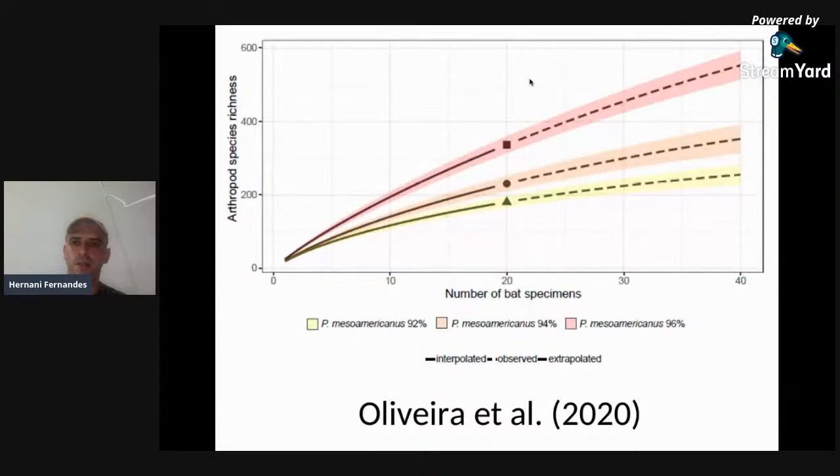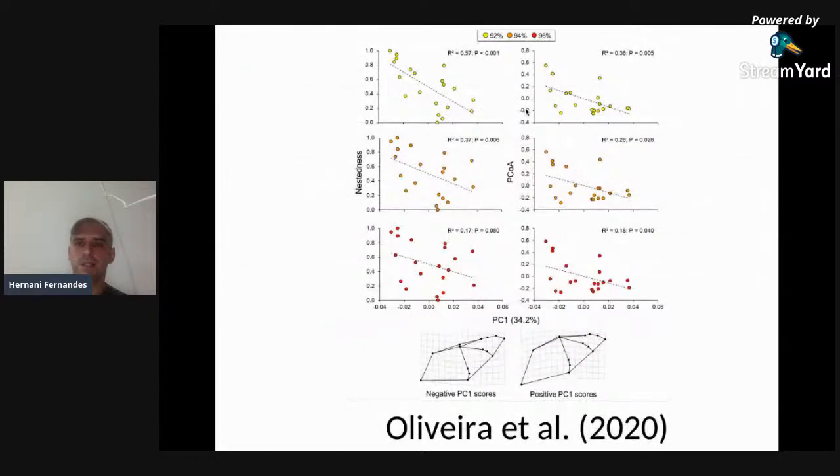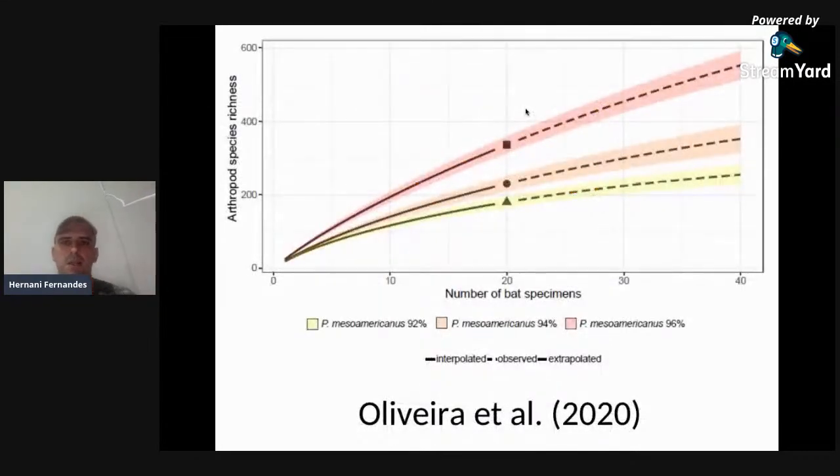We would also find that the network has more interactions, so the bats would be eating more things, compared to when we are conservative and using a lower OTU threshold to describe the same interaction. So this is important because in this case, the ecological answer that we found doesn't change very much across these thresholds, but in terms of the amount of species that the bats are eating, or are expected to be eating, there is a considerable change depending on the threshold and the parameters that we use in this analysis.